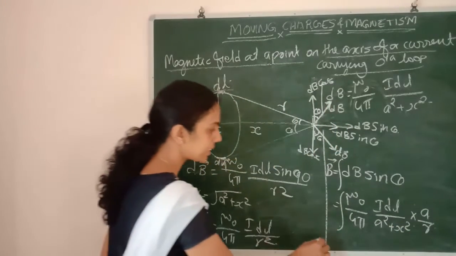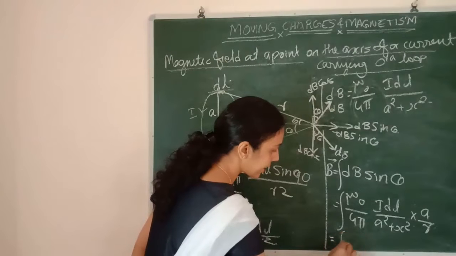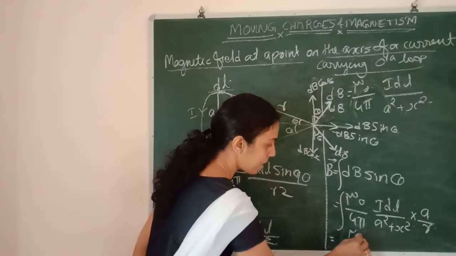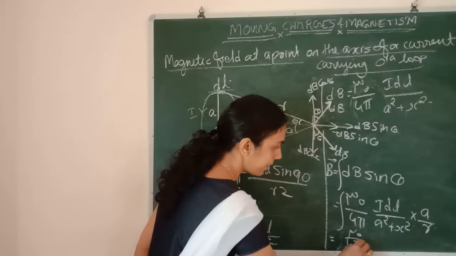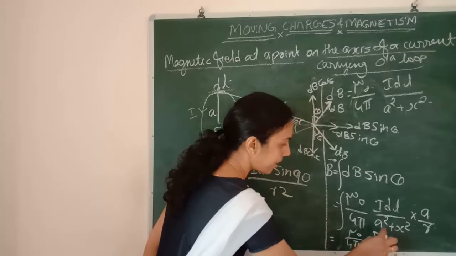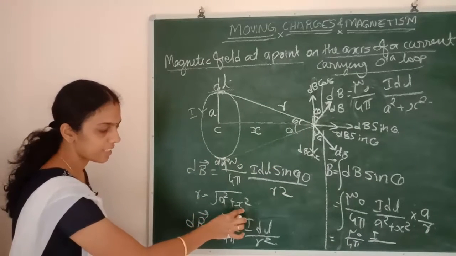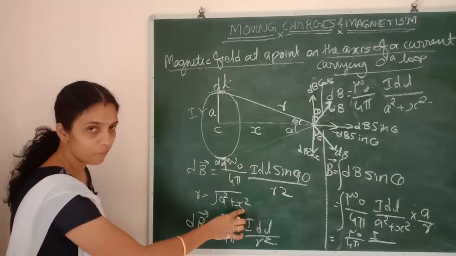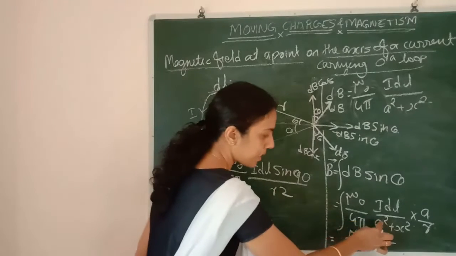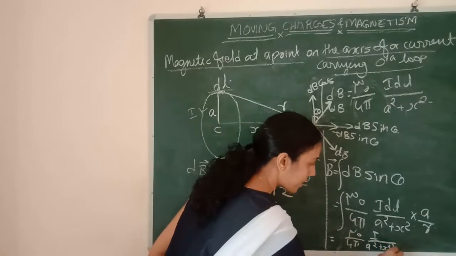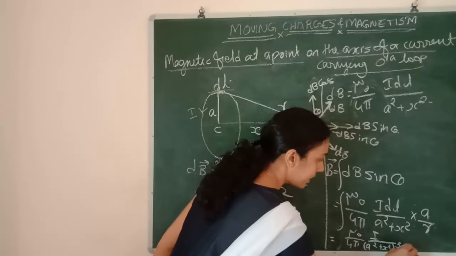So you will get the integral with mu 0. Constants we can take outside: mu 0 by 4 pi I divided by a square plus x square. What is R? A square plus x square to the power 1 by 2. This one together with it, we will get a square plus x square the whole power 3 by 2.